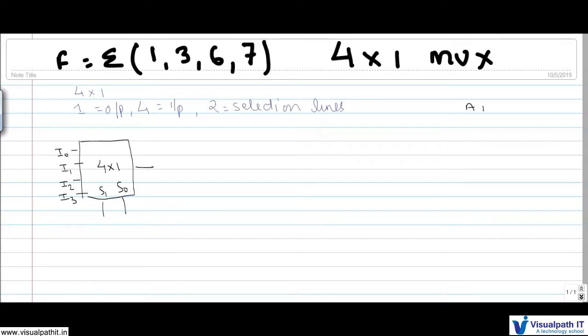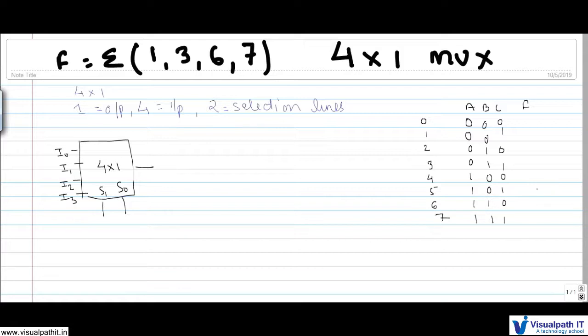I'll just write it here: 0, 1, 0, 1, 0, 1, 0, 1 for C, 0, 0, 1, 1, 0, 0, 1, 1 for B, and 0, 0, 0, 0, 1, 1, 1, 1 for A. I will just write the decimal terms on the left side of this.